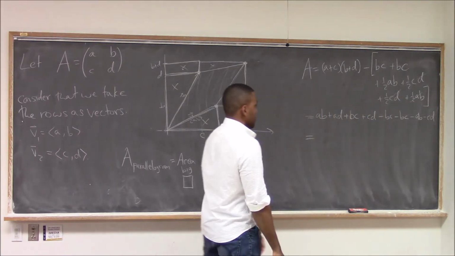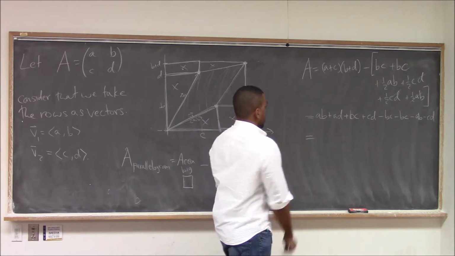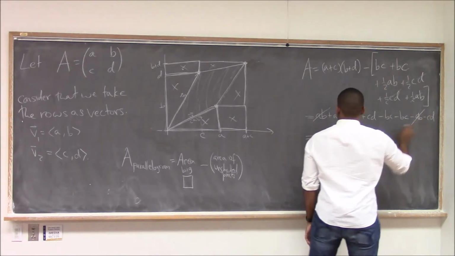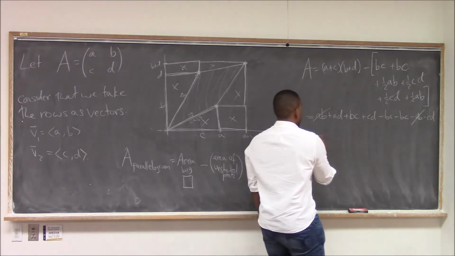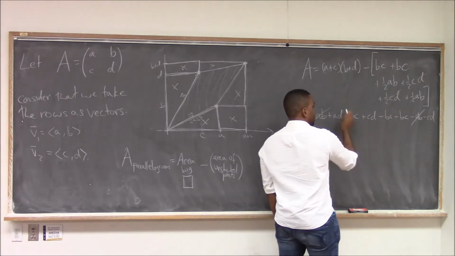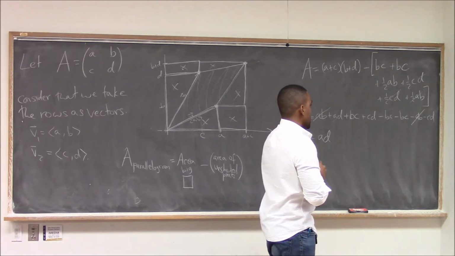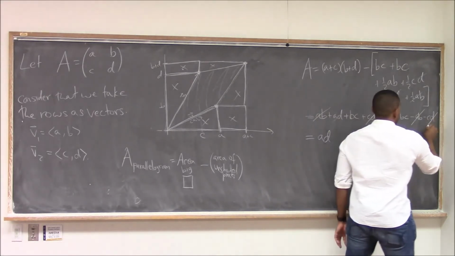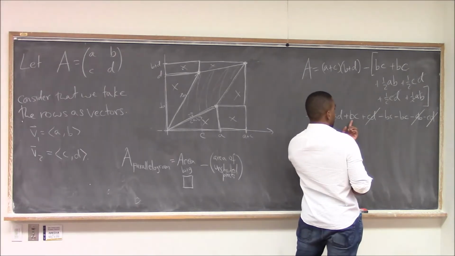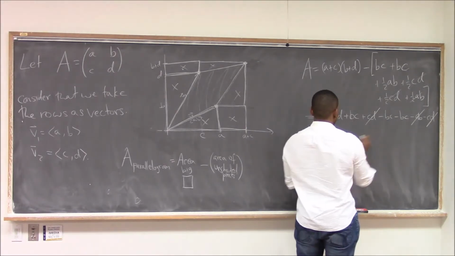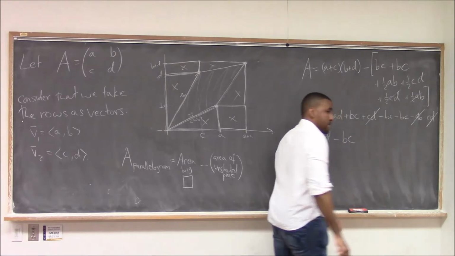What does that simplify as? AB kills the AB. I have AD. The CD kills the CD. And then I have BC minus 2BC, so that gives us minus BC.